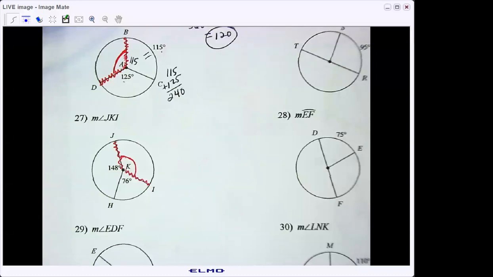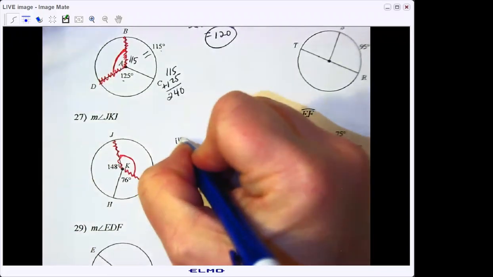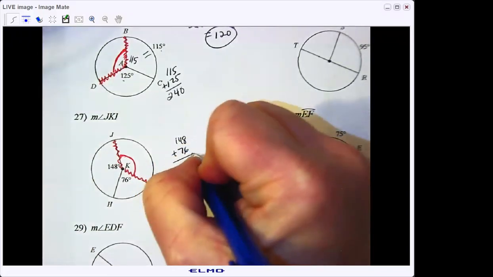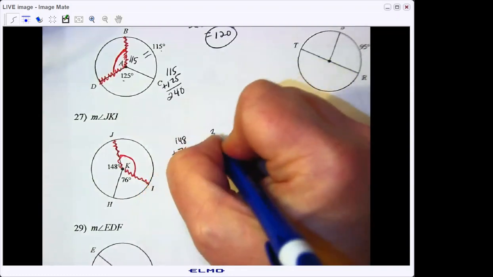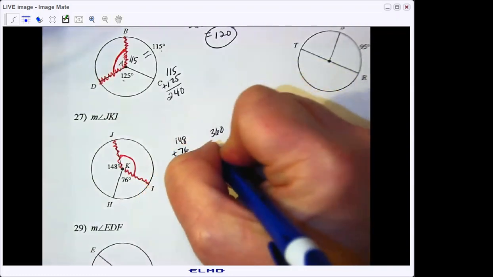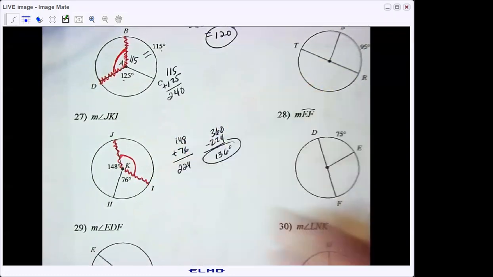Most everybody got that one. That's awesome. Add these two together: 148 plus 76, and we get 224. And subtract that from our 360, our whole circle, which is 136. And you're done.